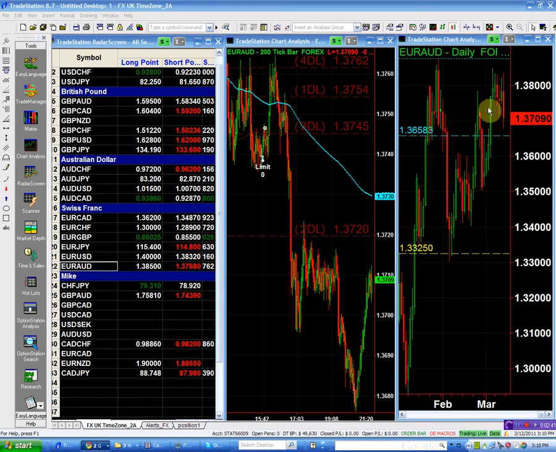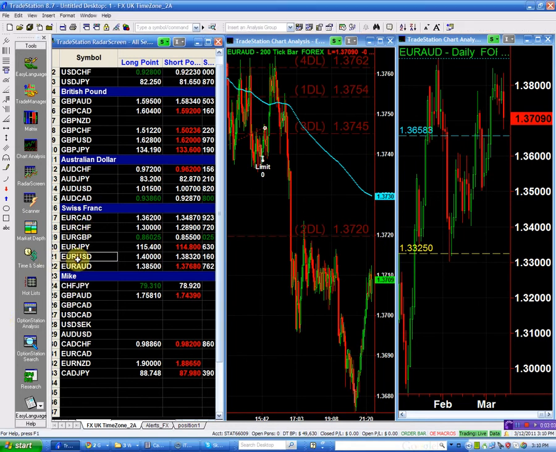We'll be able to identify some entry on it. But you see how strong the Australian is now versus the euro. So I would be looking more towards the strong currencies and selling them versus the weak currencies. So let's do the euro dollar now.